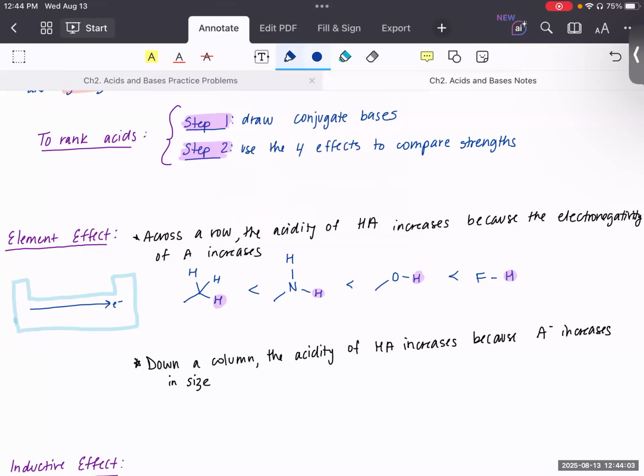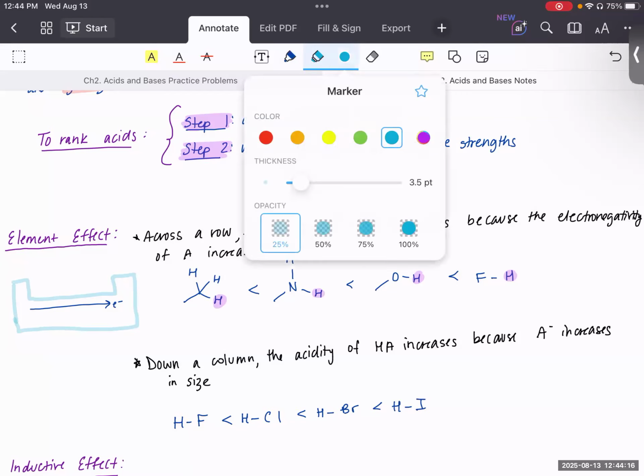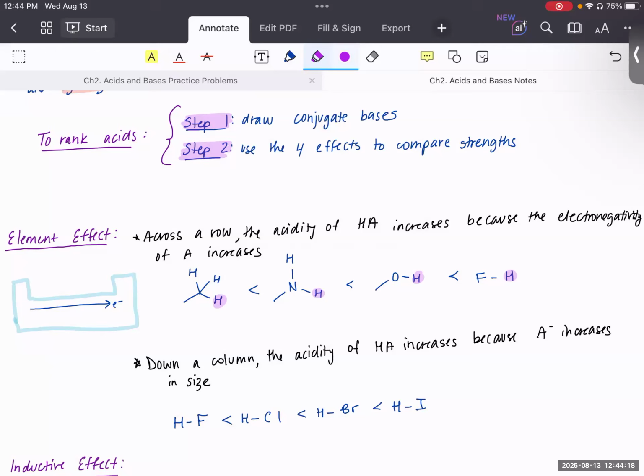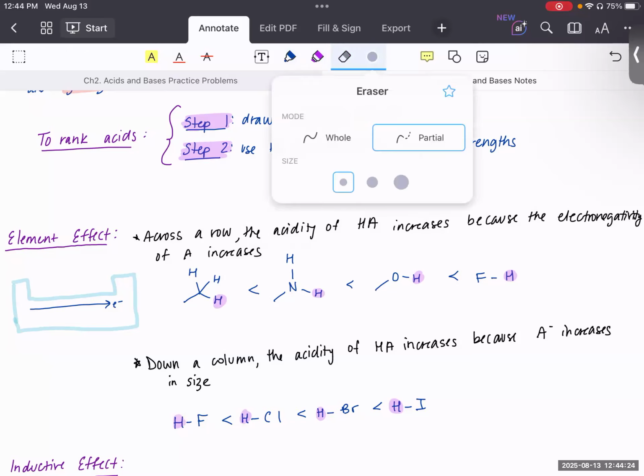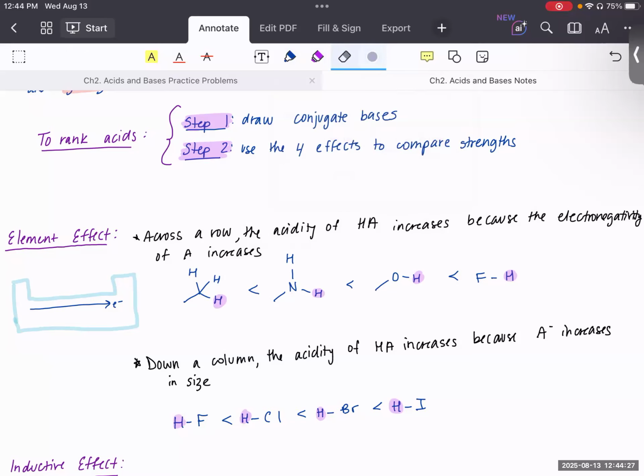And so for this, we could compare HF to HCl. So HCl is down the column. Bromine is even lower than chlorine. And so the most acidic one ends up being HI. And I'm going to modify this periodic table to now include the comparison down the column as such.